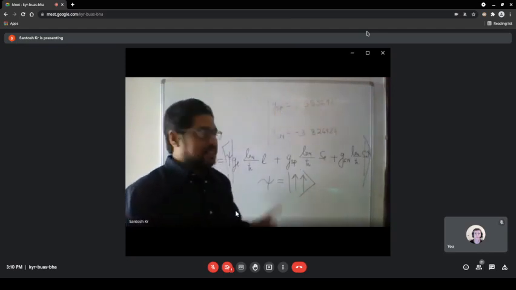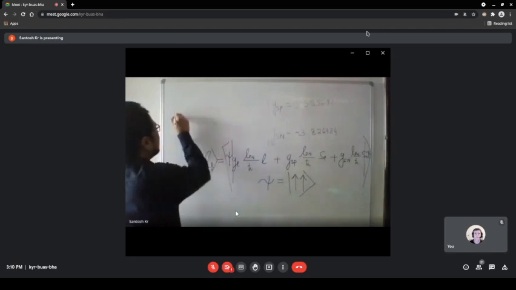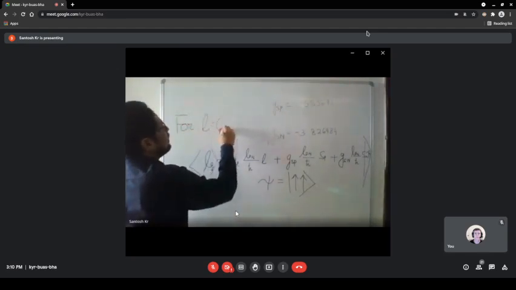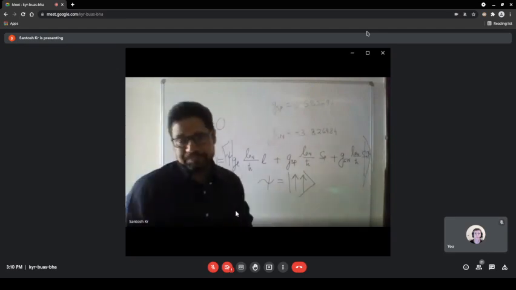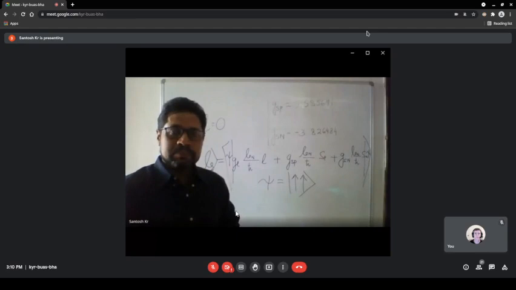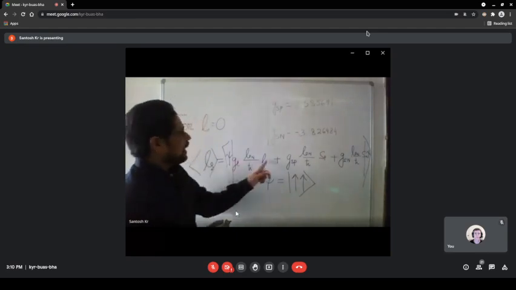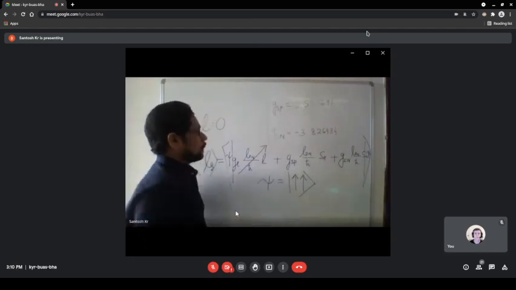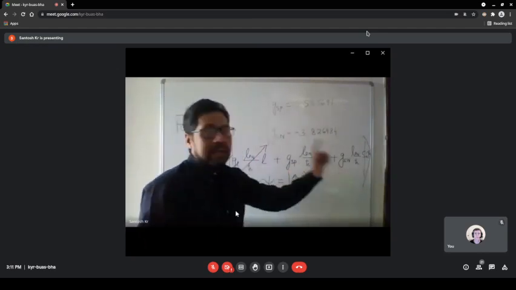We are calculating for L equal to 0, a central potential problem. So in this case the first term gets 0, and only this term we will see.